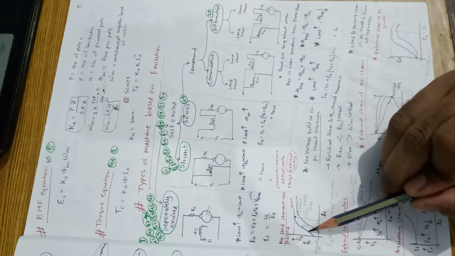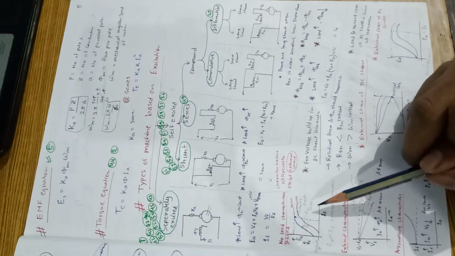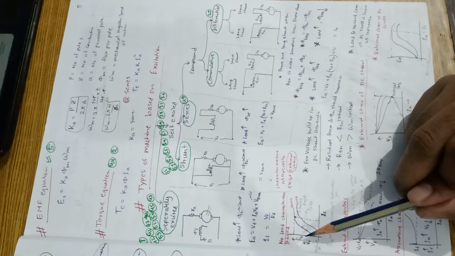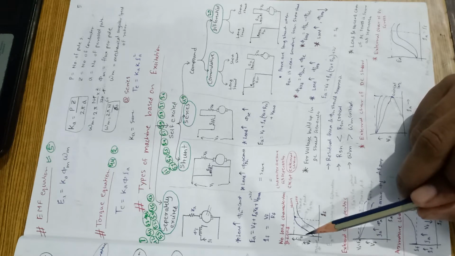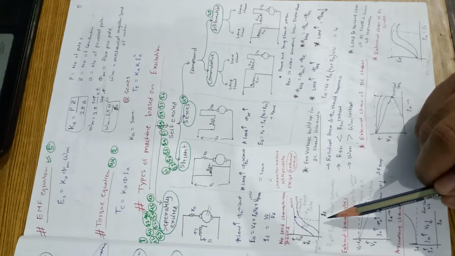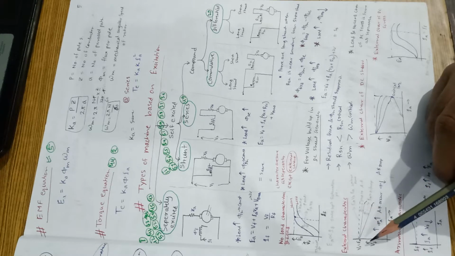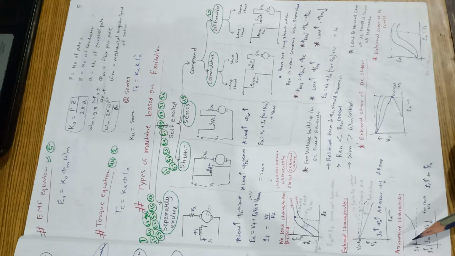No load characteristic means EA versus IF, armature EMF versus field current. Load characteristic means terminal voltage versus field current. External characteristic means terminal voltage versus armature current, and armature characteristic means field current versus armature current.